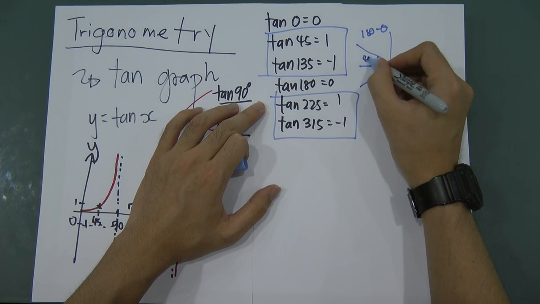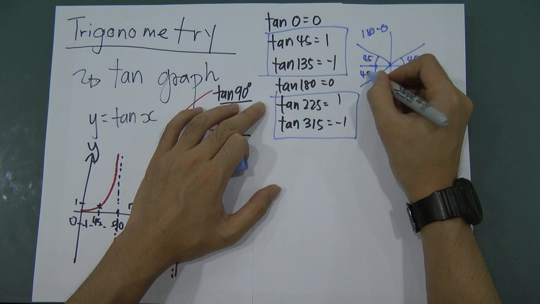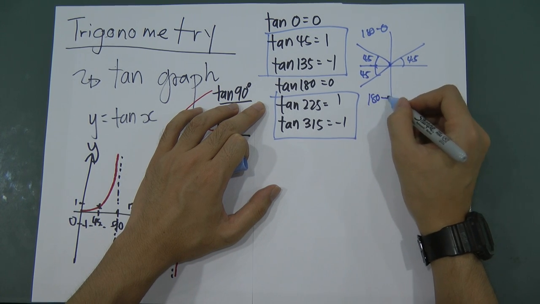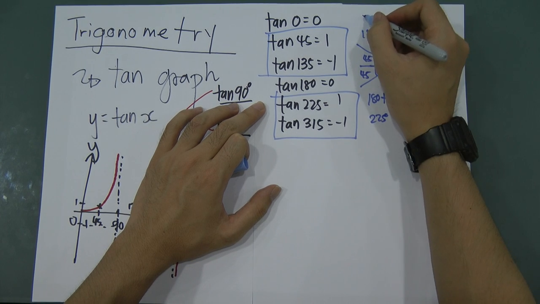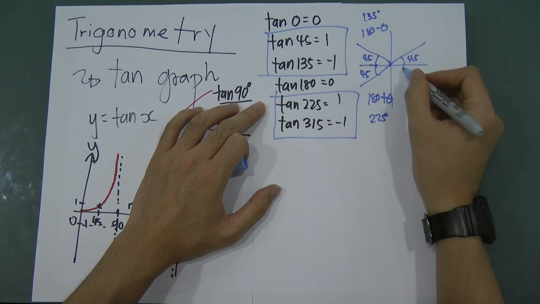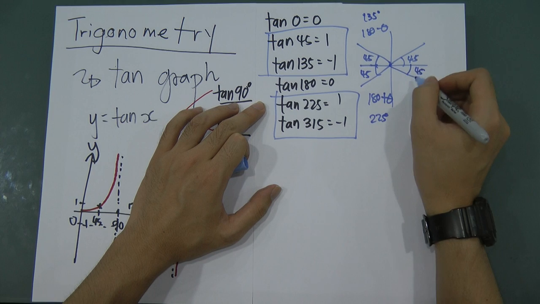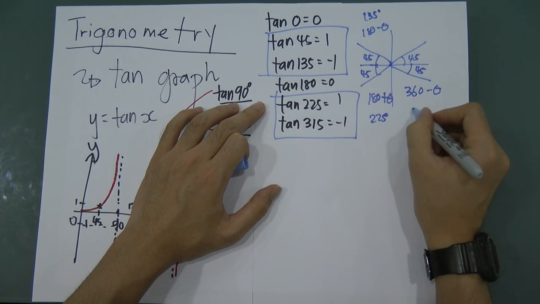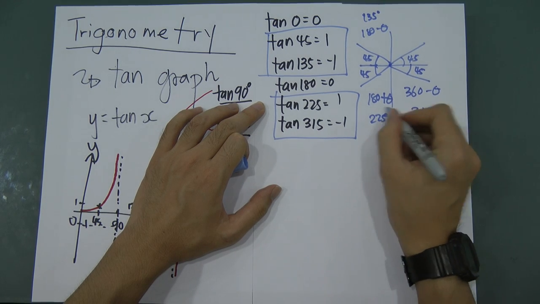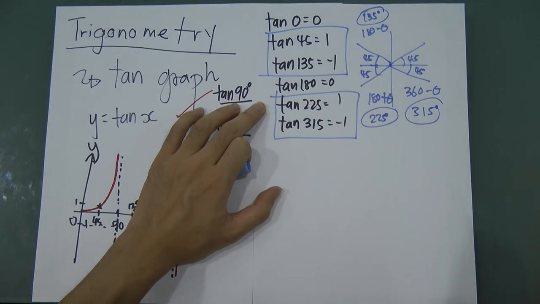So 45 in the third quadrant will be 180 plus angle, so will be 225. This is 135. And the 45 in the last quadrant is 360 minus angle, so will be 315. So this is how I memorize all these angles.